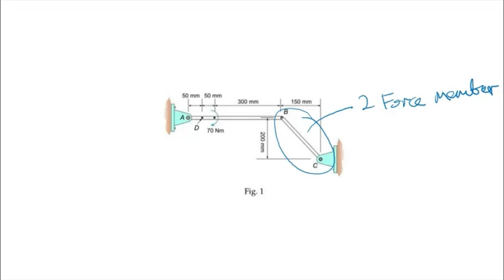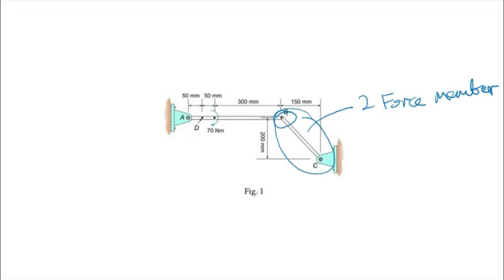Whereas component AB is not a two-force member because you have three points or locations where external loads are being applied. The first load is applied at point B from component BC.